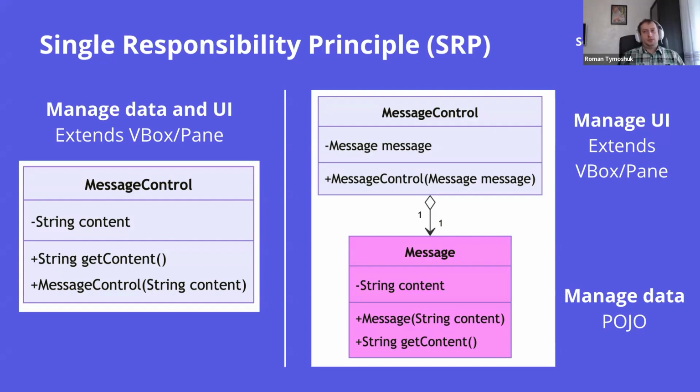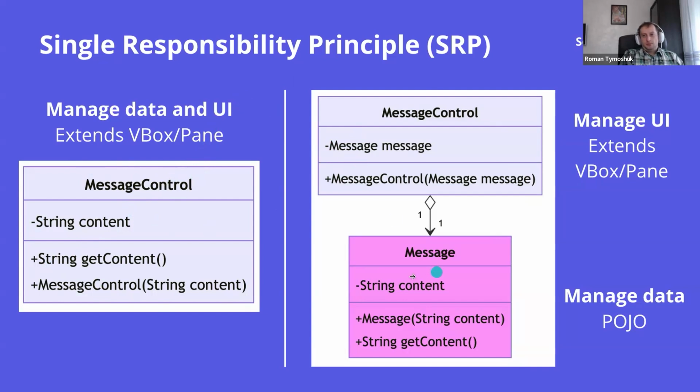In the app you showed at the beginning of this presentation, we have the message control and the message itself. Message control extends VBox and pane, so it's a visual component. Its main responsibility is just to correctly locate your component in the application.